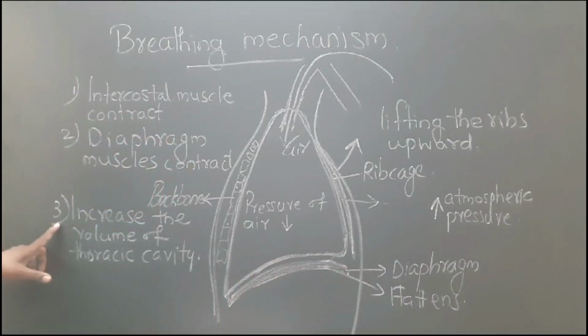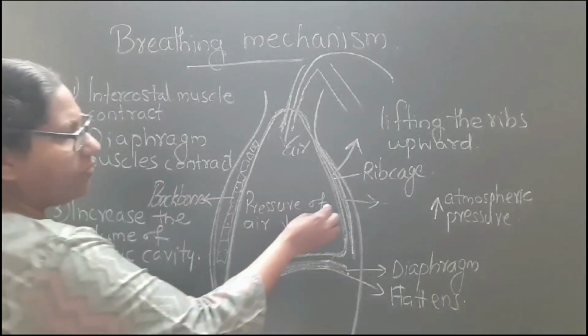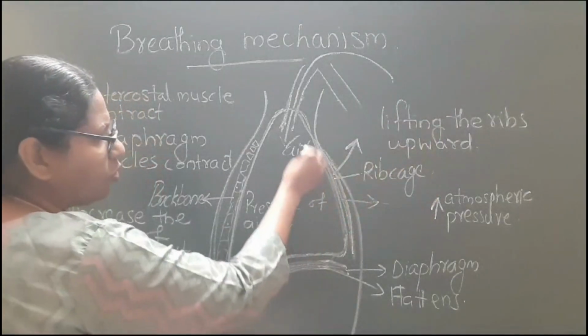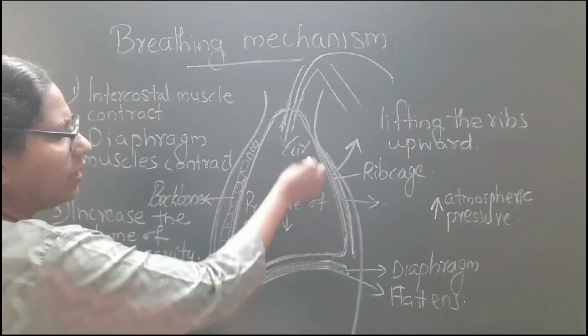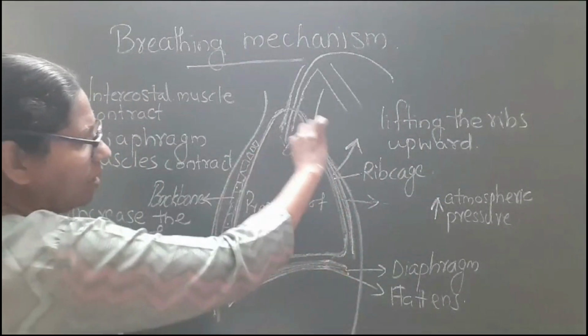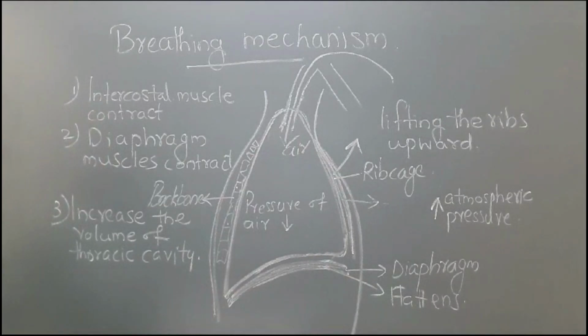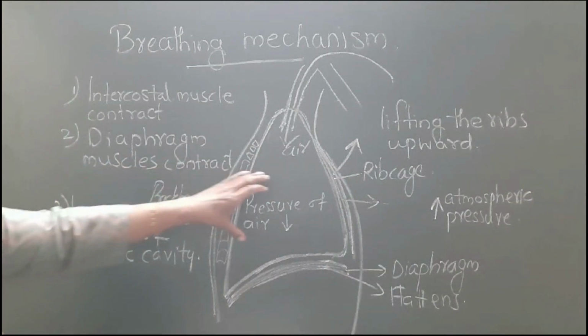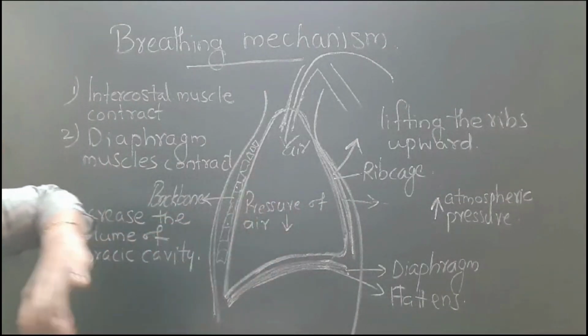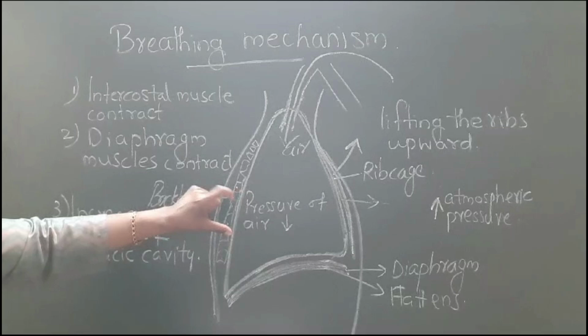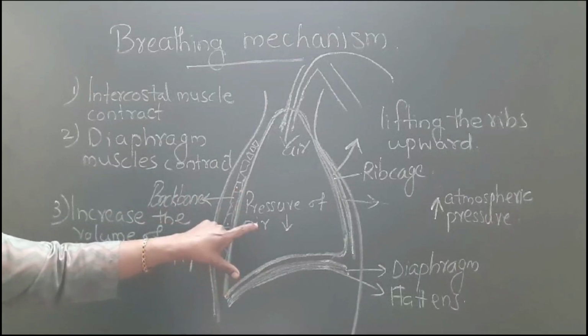Then third, the volume of the thoracic cavity increases. When the ribs lift upward, the volume of the thoracic cavity increases. You can see here it increases. Then fourth, inside the lungs the air pressure is reduced, and the outside atmospheric pressure is more.